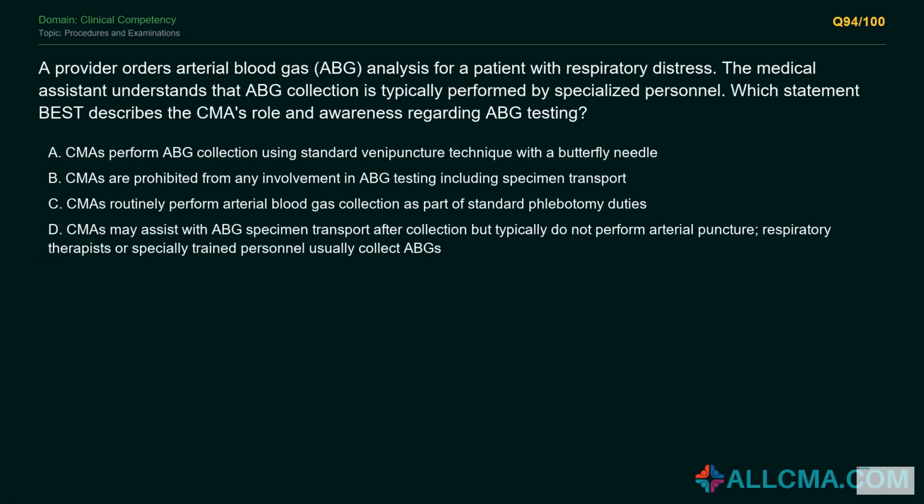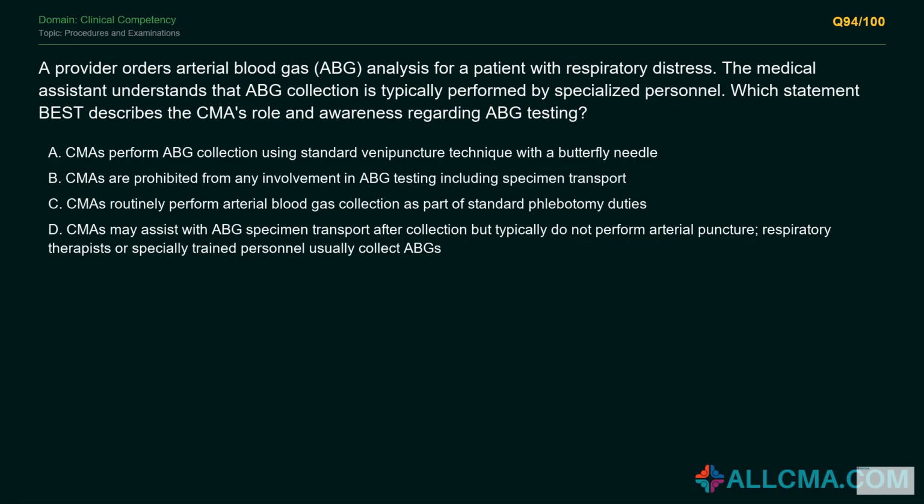Question 94. A provider orders arterial blood gas, ABG, analysis for a patient with respiratory distress. The medical assistant understands that ABG collection is typically performed by specialized personnel. Which statement best describes the CMA's role and awareness regarding ABG testing? Option A. CMAs perform ABG collection using standard venipuncture technique with a butterfly needle.